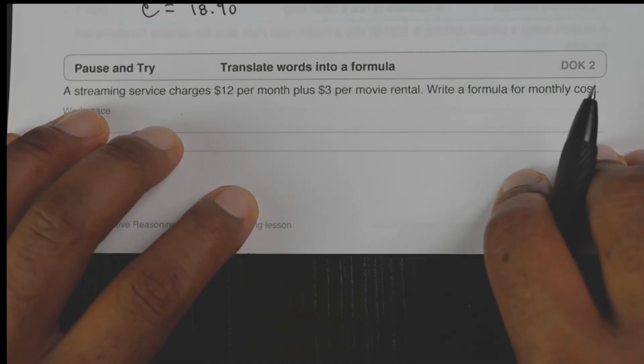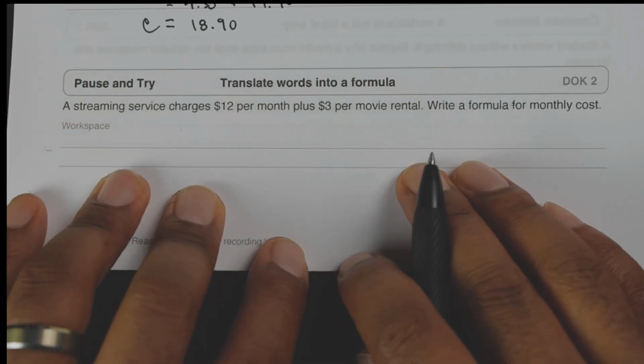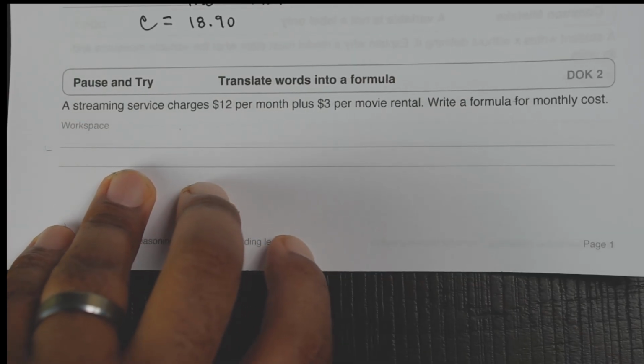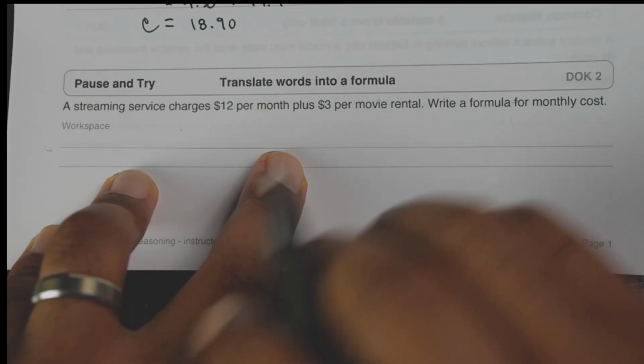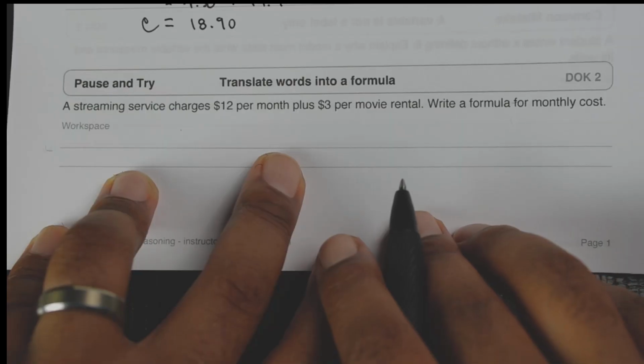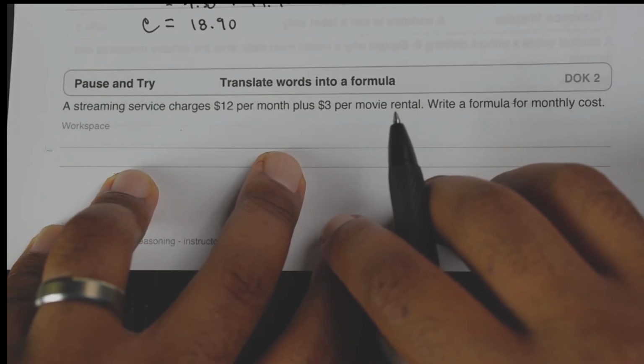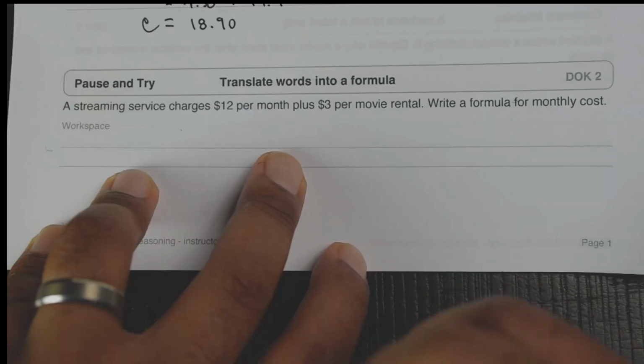Next question. This question says a streaming service charges $12 per month plus $3 per movie rental. Write a formula for monthly costs. You can pause the video and complete this one if you would like. So, a streaming service charges $12 per month plus $3 per movie rental.